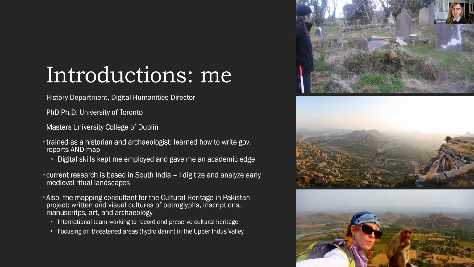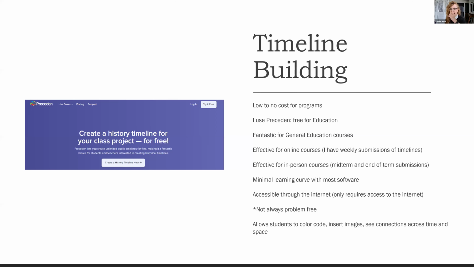Ask interesting questions in new and interesting ways, but also visualize data. So the first really easily transportable digital humanities project that you can bring into pretty much any class is timeline building.